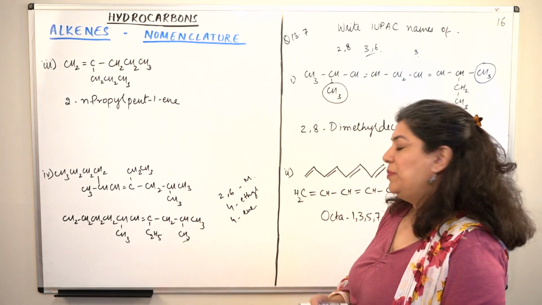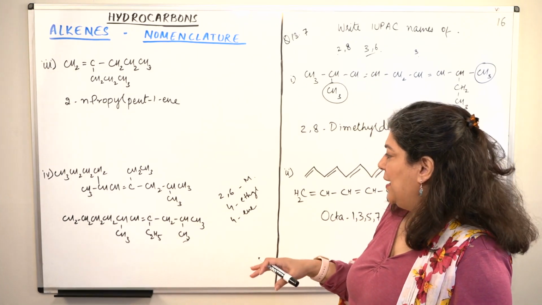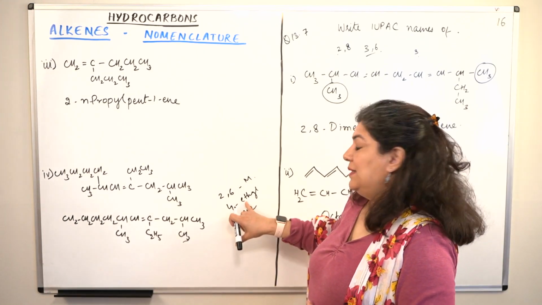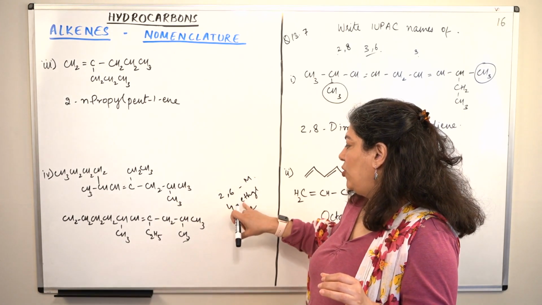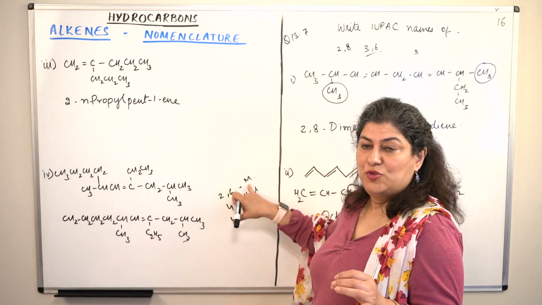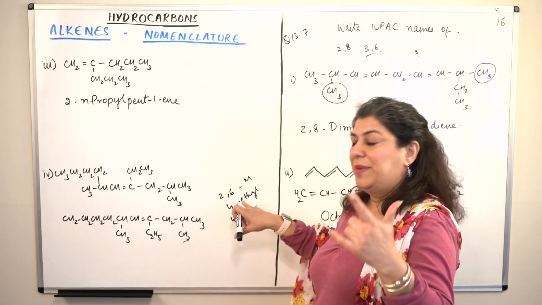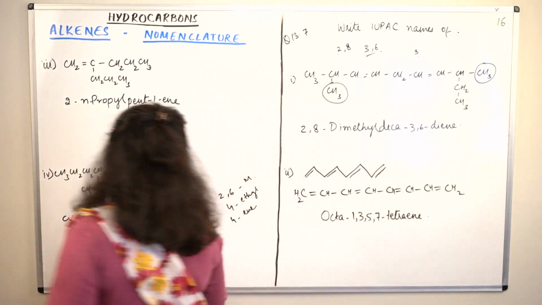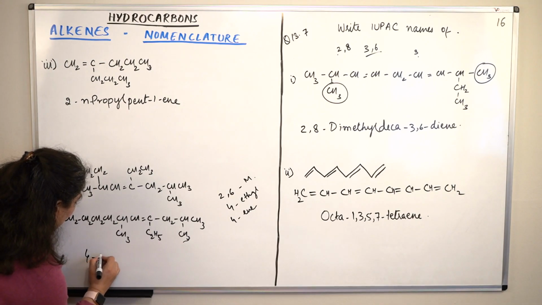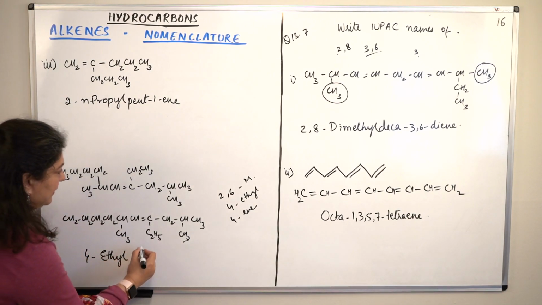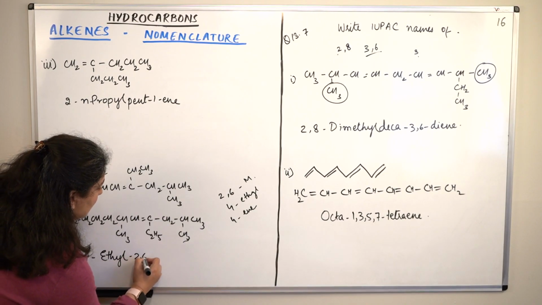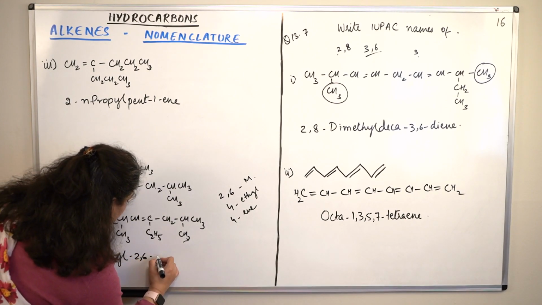Similarly, here this would be dec-4-ene. But from the alphabetical order, when you're writing down the substituents, E comes before M. So you will write the ethyl first and the methyl later. So the name of this compound would be 4-ethyl-2,6-dimethyl.